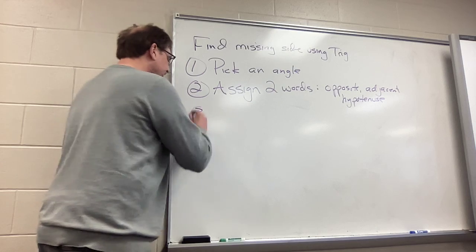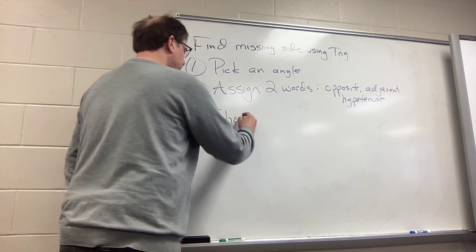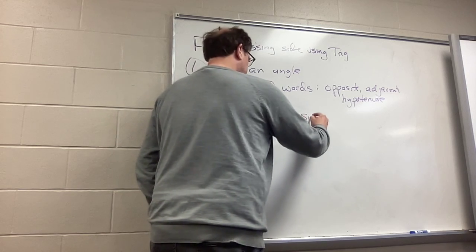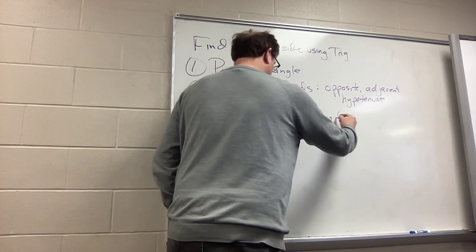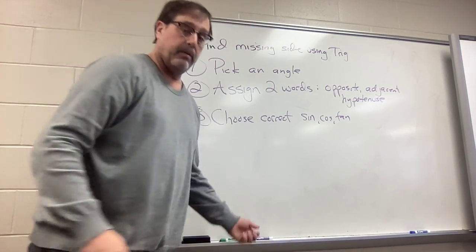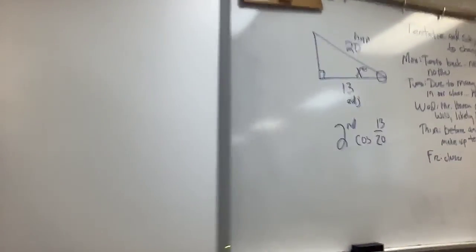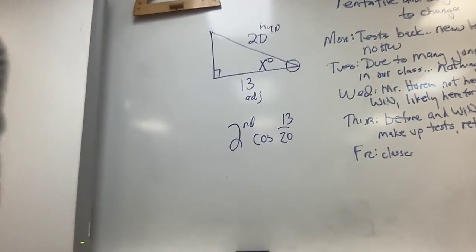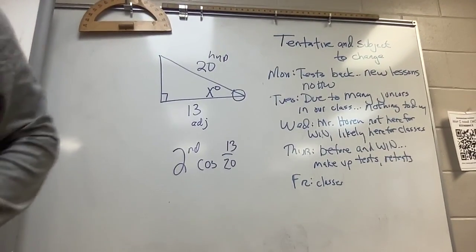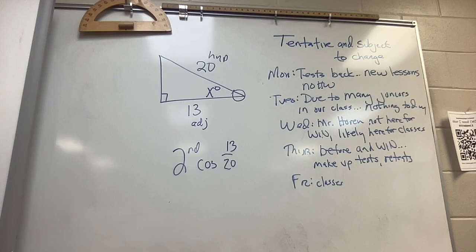All right. Then you choose the correct sine, cosine, or tangent. So if you would remember when we talked about this a few days ago, I tried to cut a board in half nicely, and I used a hammer, and that failed miserably.